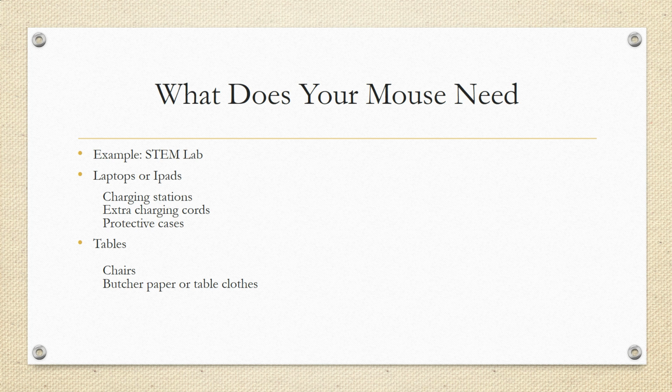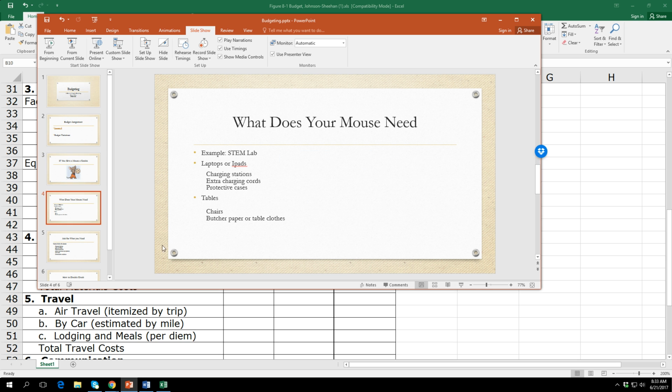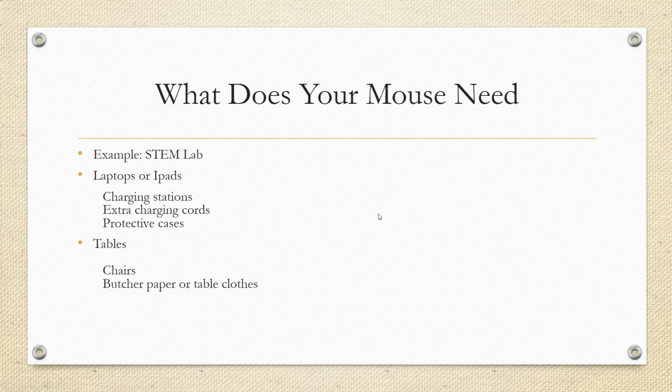If I ask for 30 laptops, I probably need a charging station so that I'm not individually charging each laptop one at a time. And I'm probably going to need protective cases, especially for iPads. If people are going to take iPads or I'm going to carry an iPad somewhere, I need a protective case to be able to carry that in.